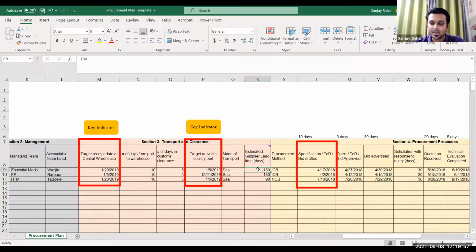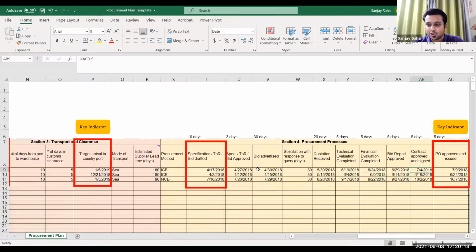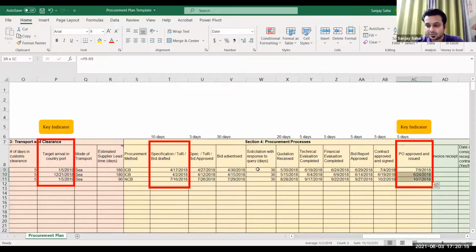It was also in Barbara's lead time calculation. So estimated supplier lead time, we put it here. Now when we go to the procurement process, this 180 days and this date should correspond to the particular date when the PO is approved and issued. But let's again go to the backward calculation.